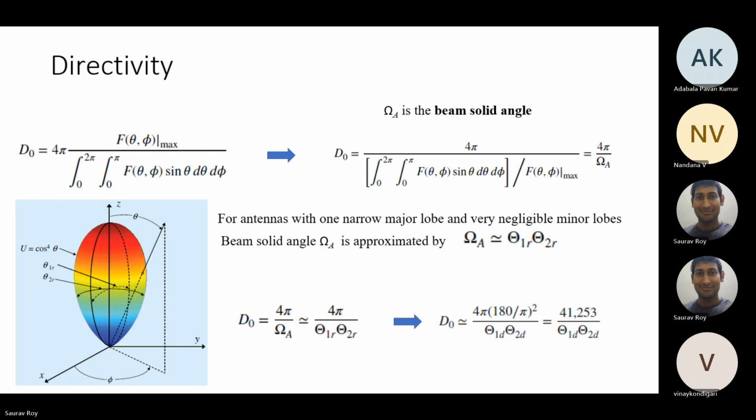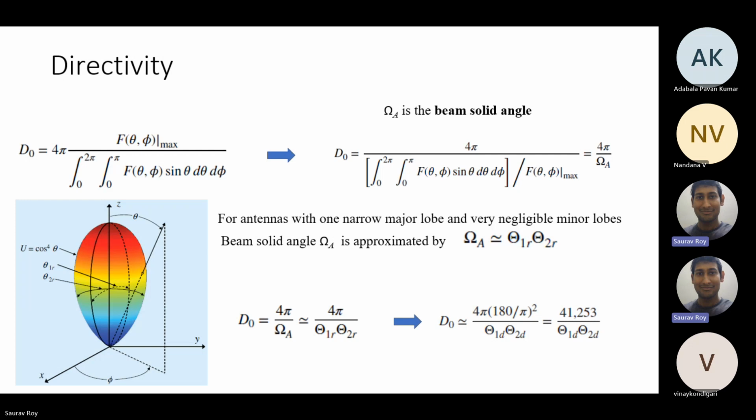If we have theta 1r and theta 2r in two perpendicular planes, as noted in the left side picture, then the beam solid angle can be simplified as almost equivalent to the multiplication of theta 1 and theta 2. So directivity is very simply given by 4 pi by theta 1 theta 2. But you need to remember that theta 1 and theta 2 are given in radians.